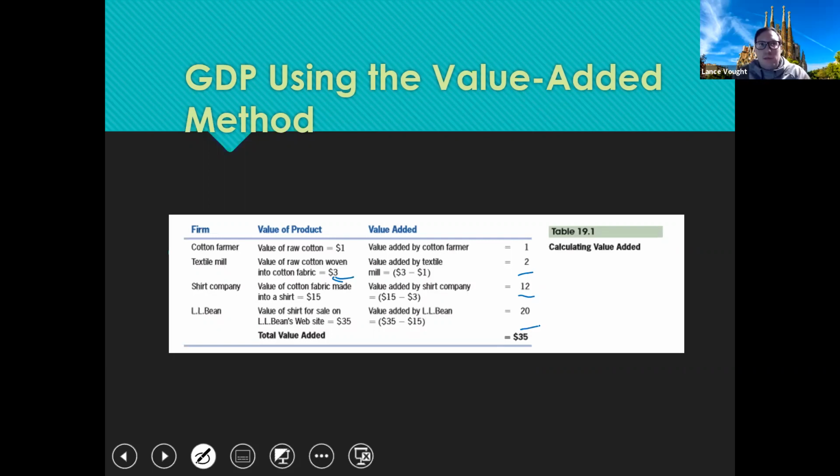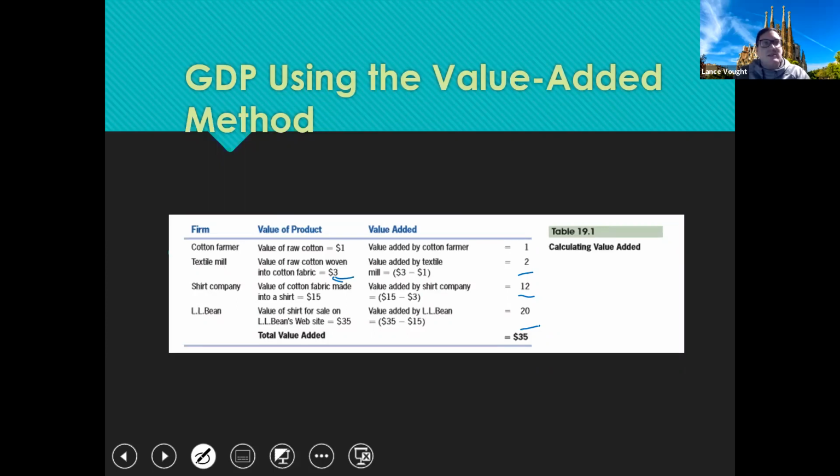So if you're confused by why we don't include intermediate goods, it's for this reason. Basically, if we counted intermediate goods, then we would be adding in stuff that's already factored into the value of the shirt.